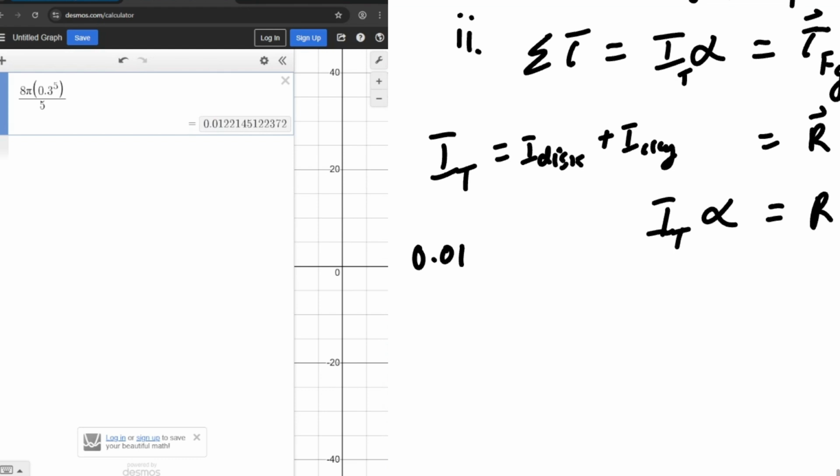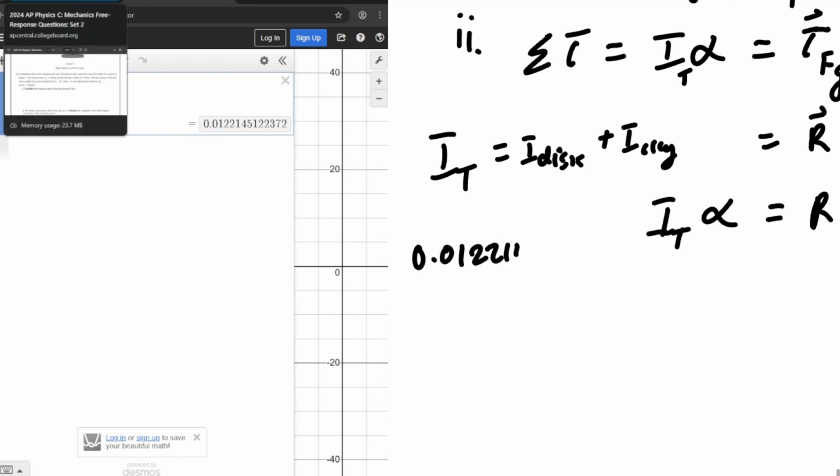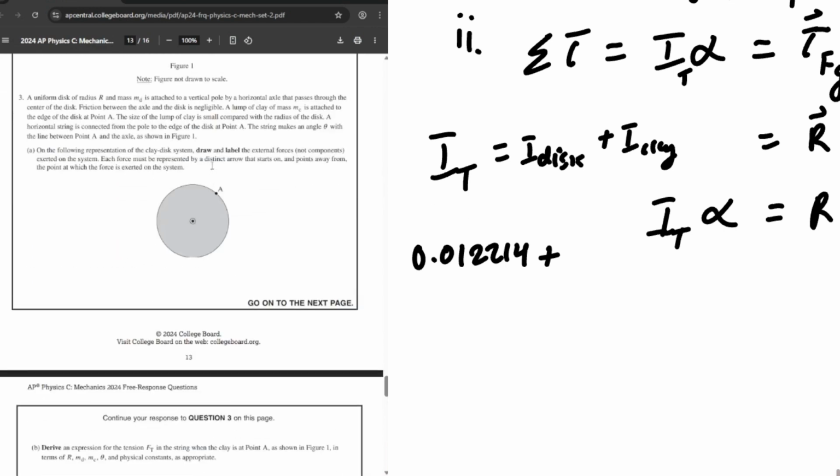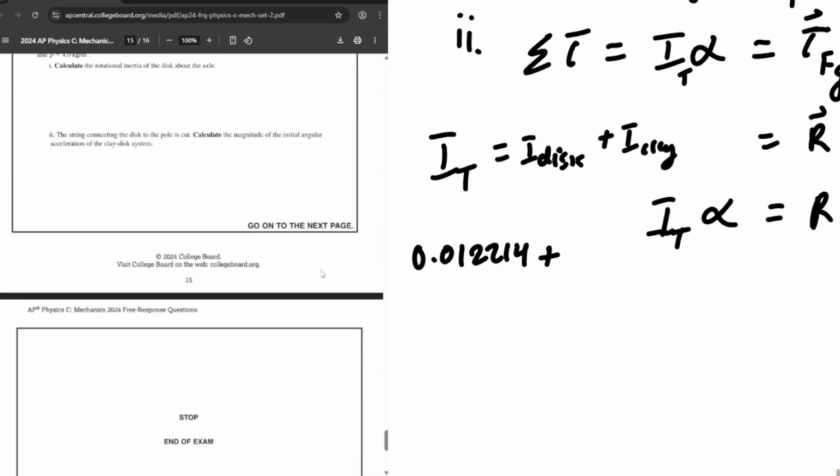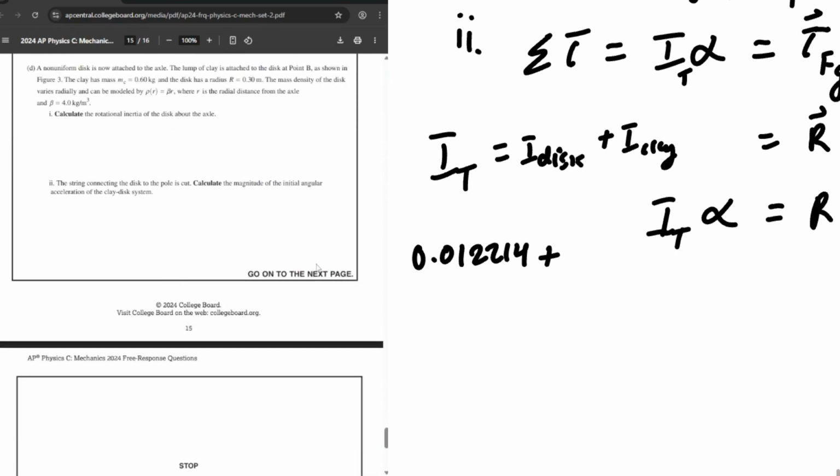So we know the I of the disk, like we just calculated, was 0.012 plus, as I mentioned earlier, they said the size of the lump of clay is small compared to the radius of the disk. That's them telling us we can treat it as a point mass. So we use m r squared, the mass of the clay, 0.6, times the radius at which it's at, 0.3, squared.